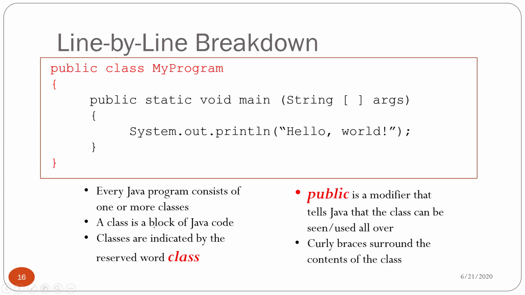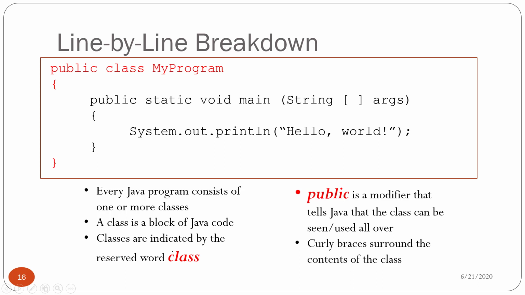A class is a block of Java code, and classes are indicated by the keyword class. This is important. Even public is important, but if you miss public, you are still fine. But make it a habit. Let's learn it, because you have to learn a lot. Why not start learning by writing this very simple program?